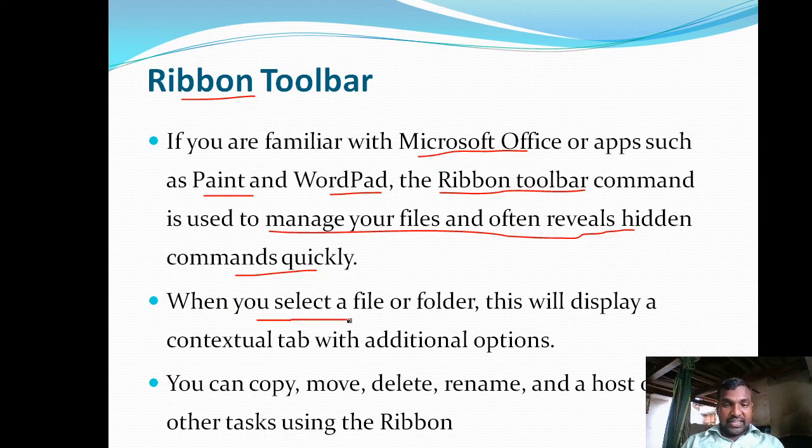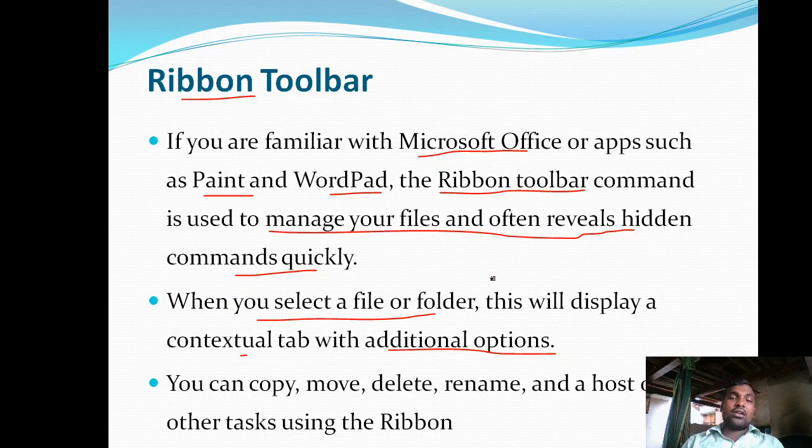Okay, when you select a file or folder, this will display the contextual tab with additional options. So before selecting any file or folder, the ribbon toolbar won't display all the commands available to manage that particular file or folder.